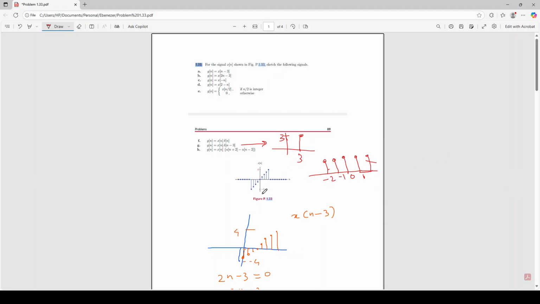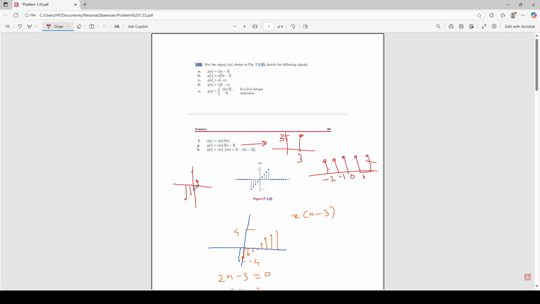This is multiplied by x[n]. x[n] has values from -4 to 4, so you will take only values from -2 to 1. So draw it: -2, -1, 0, and 1.